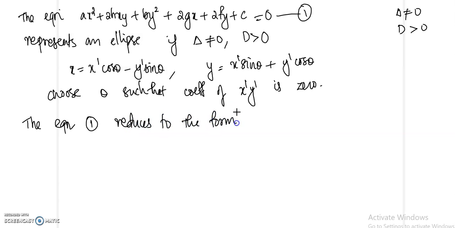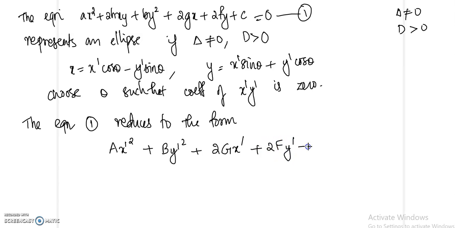So let me replace small a by capital A, so we will get capital A x dash square, plus the x dash y dash term becomes 0, plus B y dash square plus 2 capital G x dash plus 2 capital F y dash. C will remain the same.